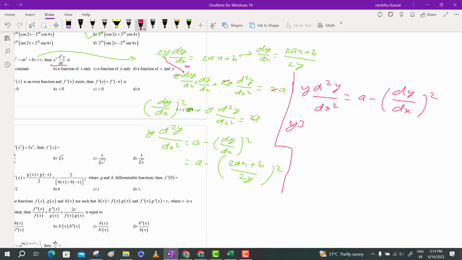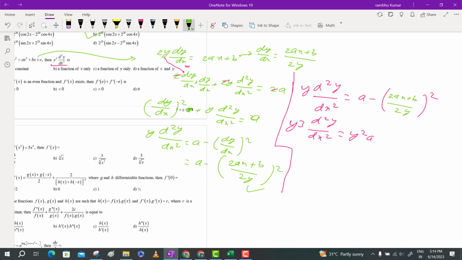So this will become y cube d square y divided by dx square, it's nothing but y square a minus, here you should write 2ax plus b divided by 2y from here.